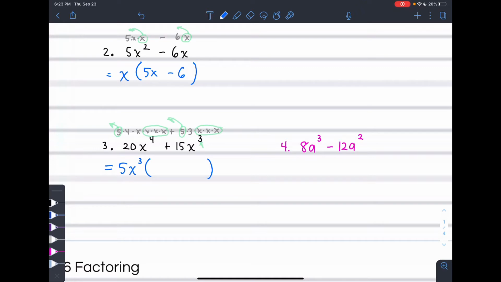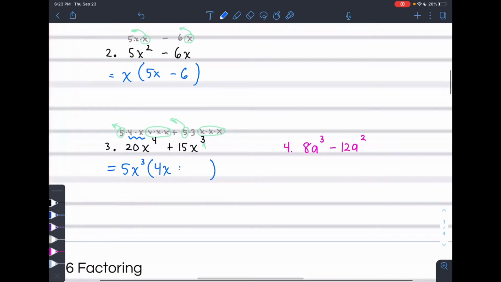So what's left over in each term? 5 times 4 gives me 20. x cubed times x gives us x to the fourth. 5 times 3 is 15. And there's no more x's we have to multiply to it, so that's it.